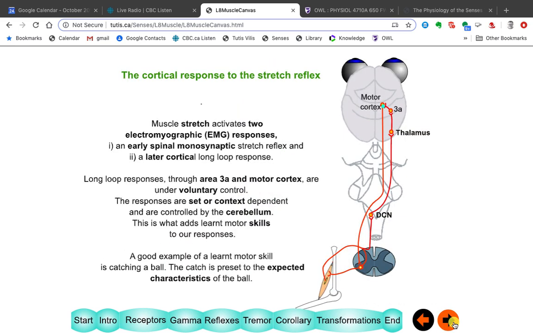The reason things like the cerebellum can cause tremor is because this reflex that we've been talking about involves not just this reflex, but has other pathways.